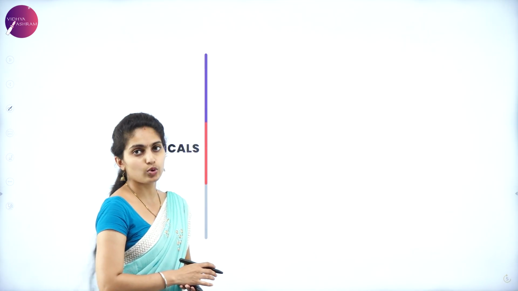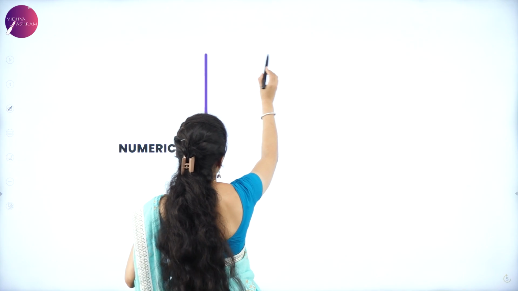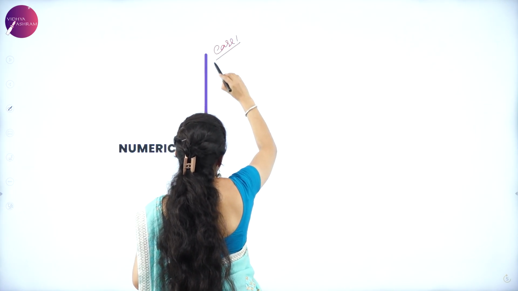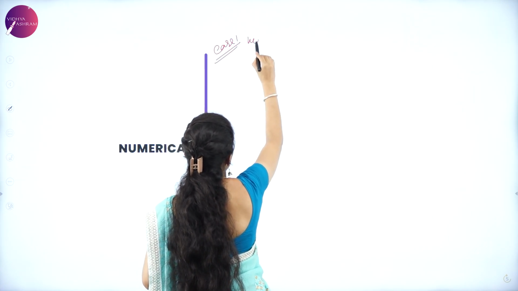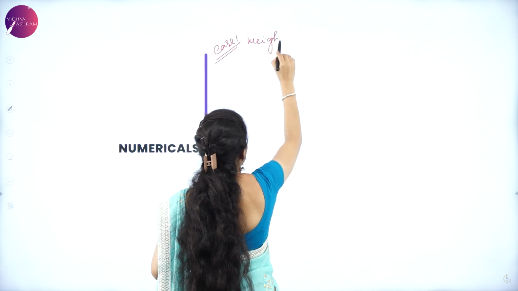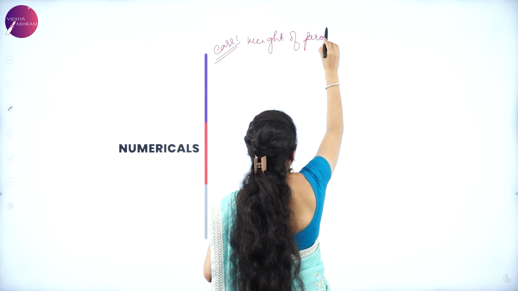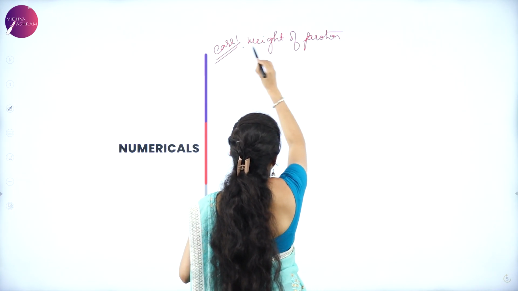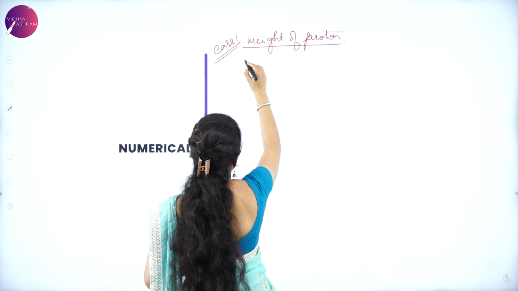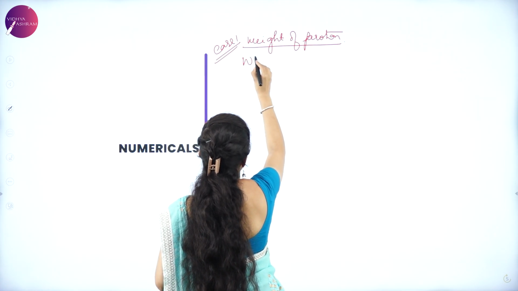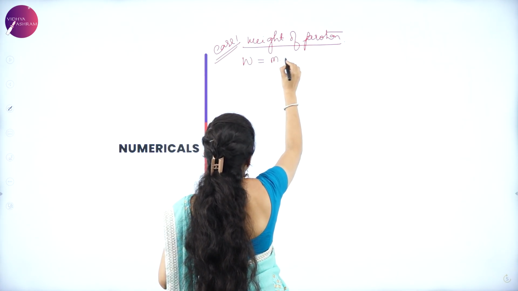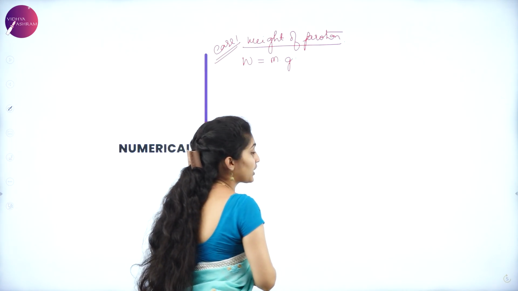Now, dealing with the question, let me consider this as case 1, where you have to calculate the weight of the proton. In order to calculate the weight of the proton, what are you supposed to do? Weight is equal to mass into acceleration due to gravity.